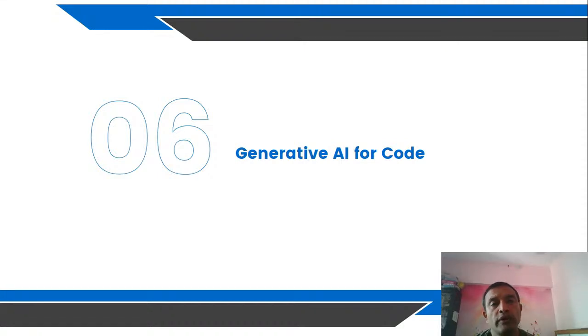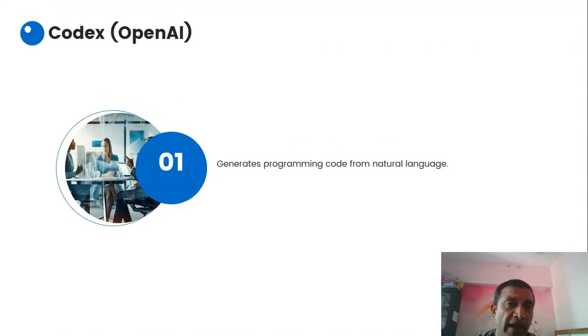Generative AI for code. Till now, we have seen music and voice generation, image generation, summarization purposes. We have also seen text to text generation, right? Like this, now we will see generative AI for code. You can generate the code based on some input, right? So Codex from OpenAI generates programming code from natural language.